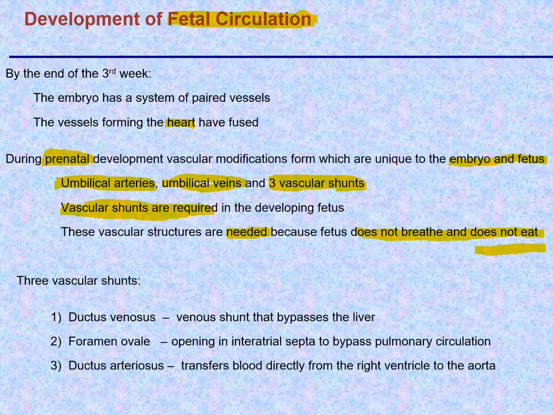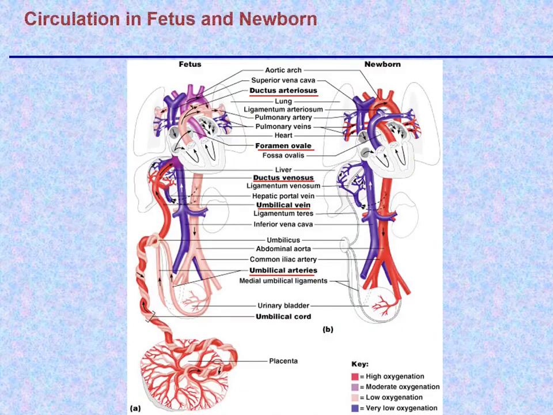The 3 vascular shunts that are unique to the developing embryo and fetus are the ductus venosus, which bypasses the liver, the foramen ovale, which bypasses the pulmonary circuit, all the pulmonary circulation, and the ductus arteriosus, which transfers blood directly from the right ventricle to the aorta. And I'll describe them in more detail in the next few slides.